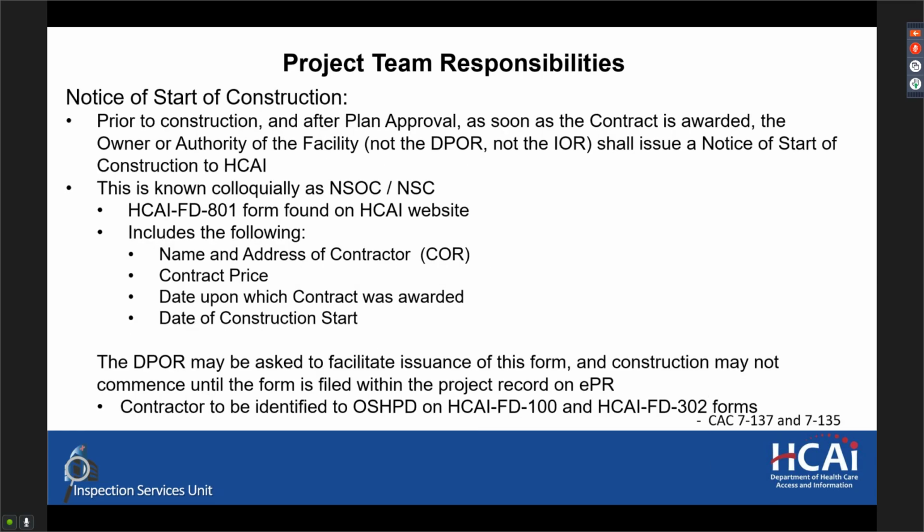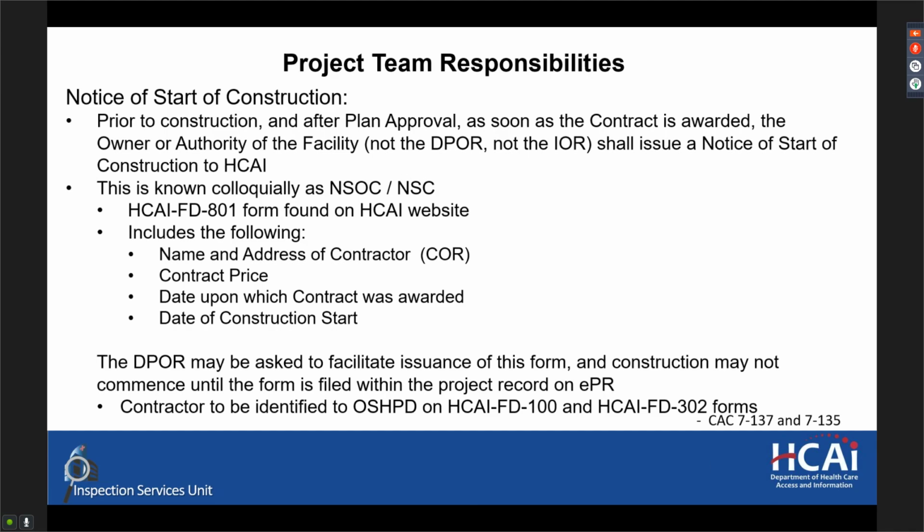So prior to construction, it is required that a notice of start of construction be filed. As soon as the contract is awarded, the owner or the authority of the facility, which is not the DPOR or the IOR, shall issue a notice of start of construction to HCI.